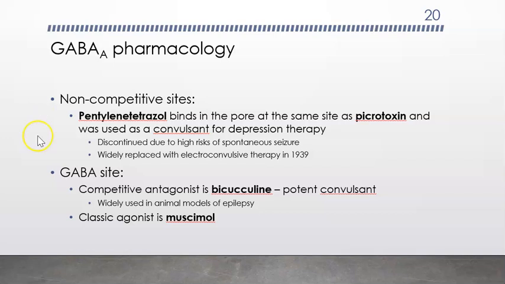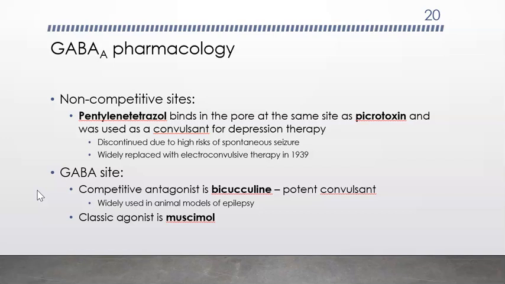At the GABA site, then we've got the competitive antagonist bicuculline that I mentioned. This is a very potent convulsant. We see it used a lot of times in animal models of epilepsy. Specifically, we use this to induce epileptic symptoms in animal models so that we can then treat it with potential AEDs.